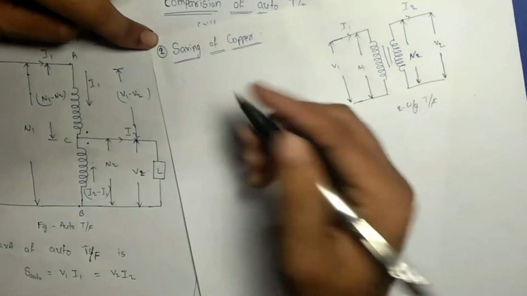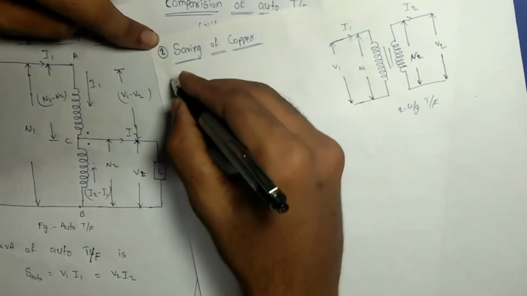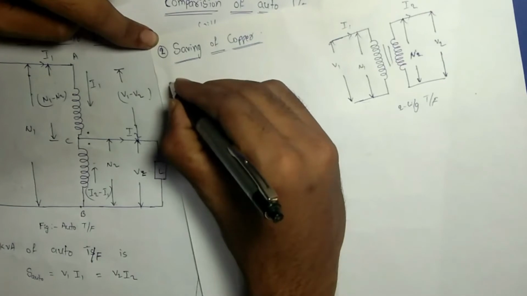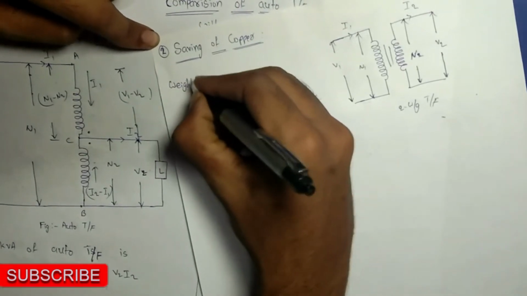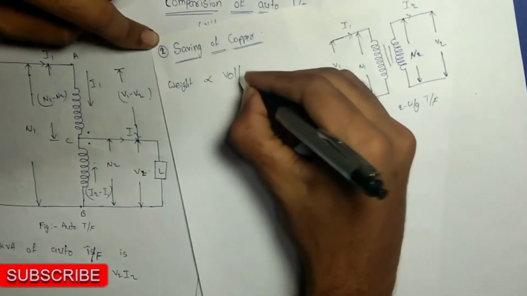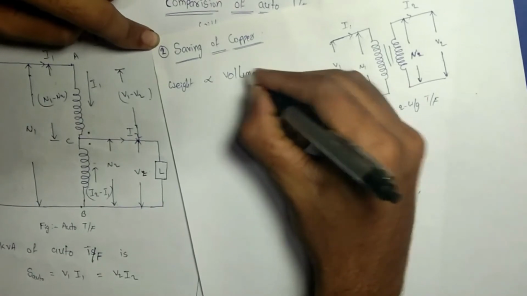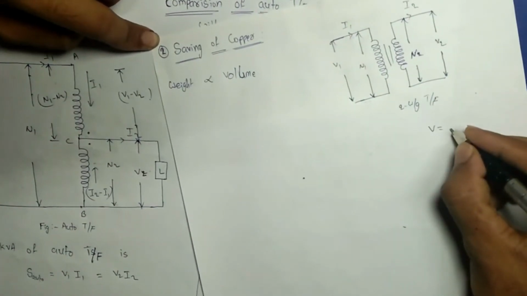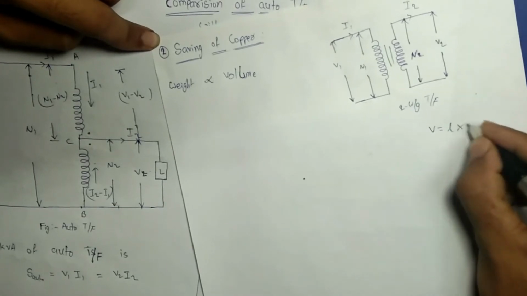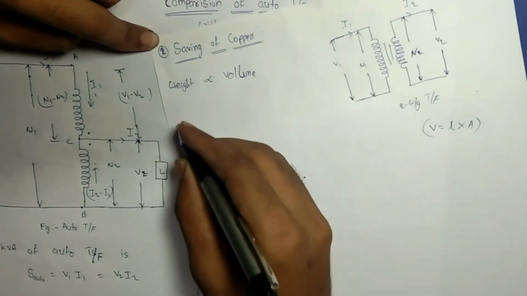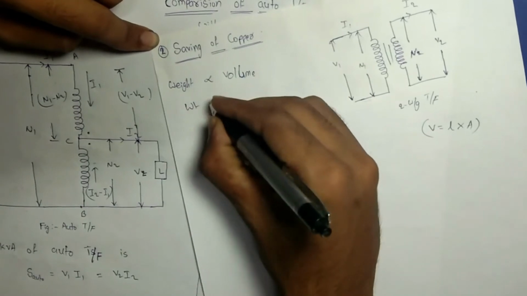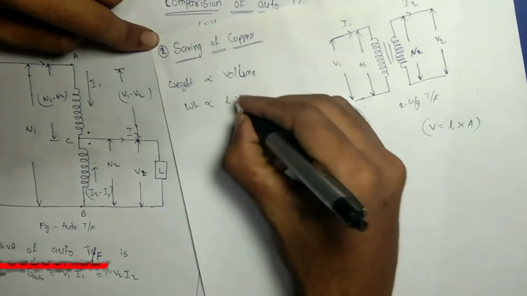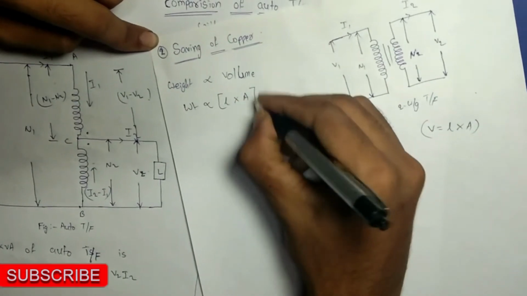Next one, saving of copper. Weight is directly proportional to volume. We know volume equals length into area. Hence weight is directly proportional to length into area.